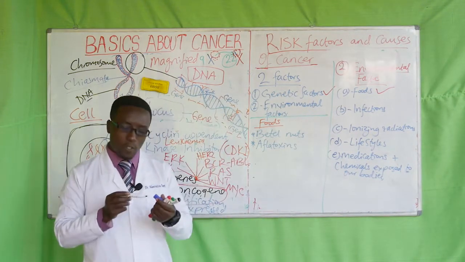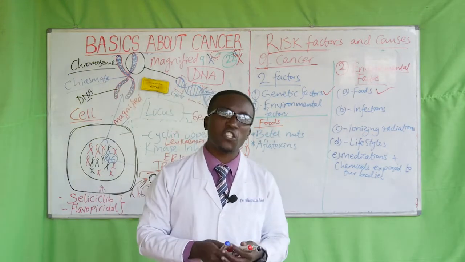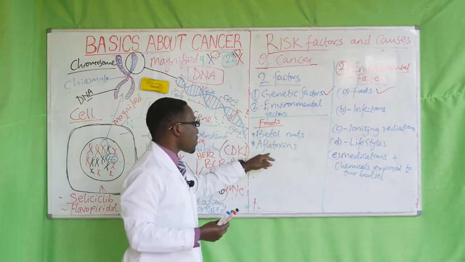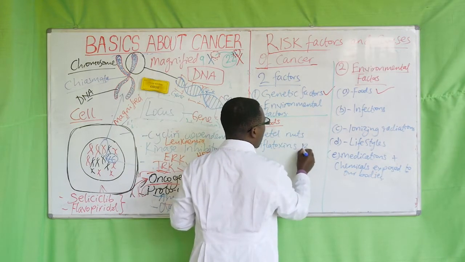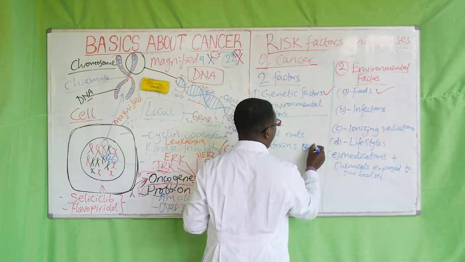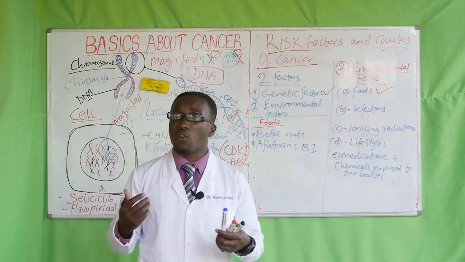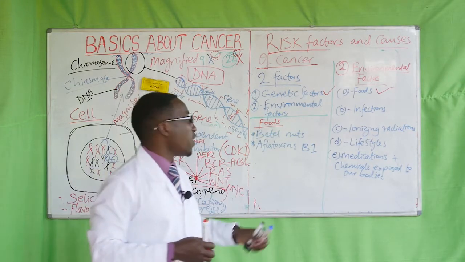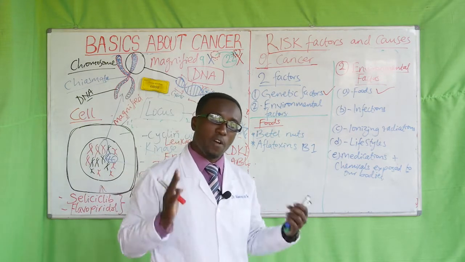What are aflatoxins? The common culprit of the family is called aflatoxin B1. It is the one which is highly carcinogenic in the category of these chemicals that we ingest along with food.